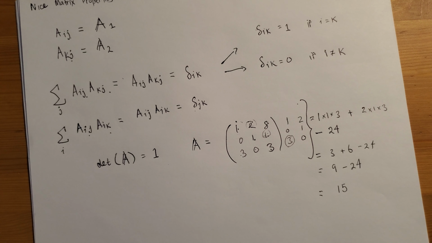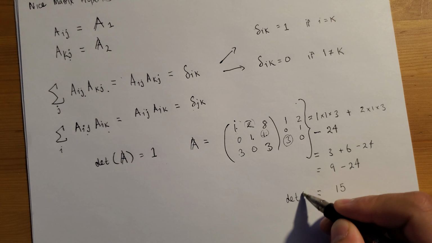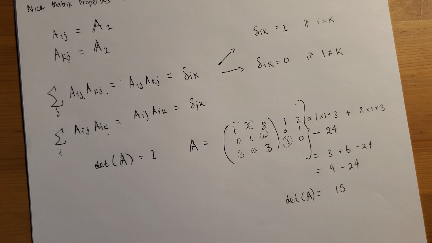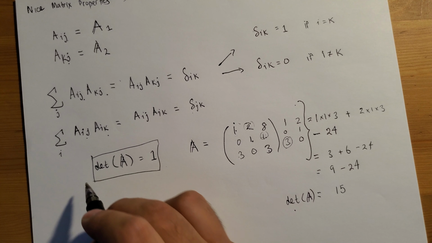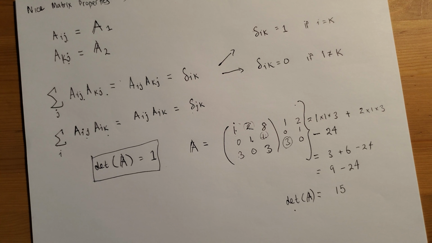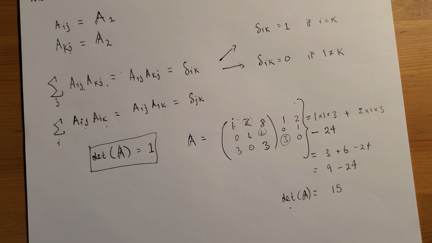Okay, so the determinant of A here is 15. Usually a nice property of some sort of matrix is if the determinant is 1, as we wrote here. So in this case, sure, the determinant is 15, but it's not 1. So we want to try to find a matrix which has a determinant of 1, because then it can have nice properties.